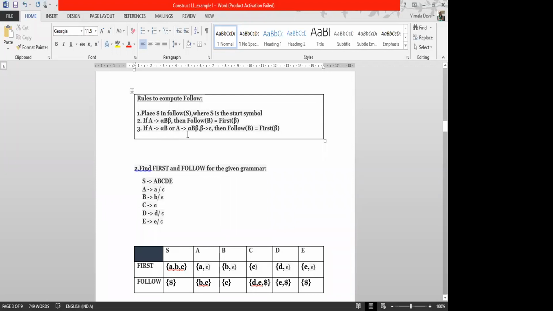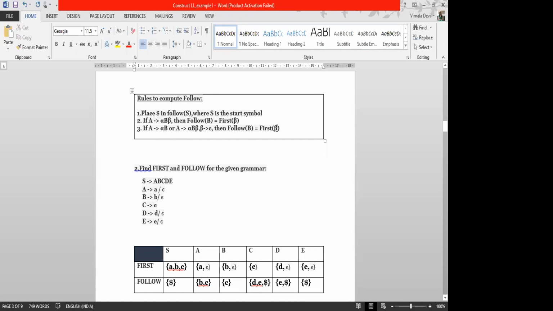What does the third rule say? The third rule says A derives alpha B. Either the rule can be of this format or the rule can be of alpha B beta, but beta produces epsilon. How do we know that beta produces epsilon? Because the first set of beta would contain epsilon. It means beta can be replaced by epsilon. By the way, beta vanishes. And once again, you are obtaining the rule format alpha B. If the rule is of the format alpha B, then what is follow of B?